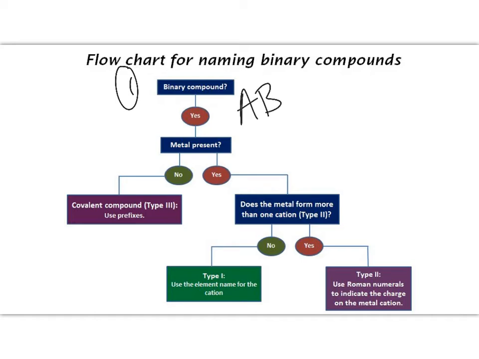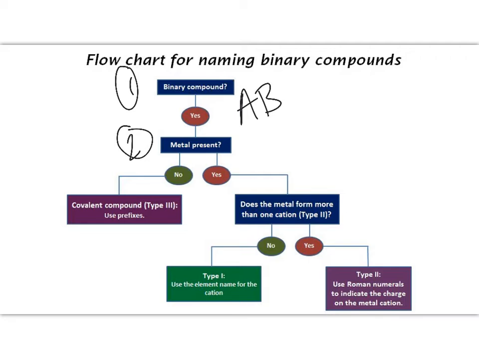For you, the answer is always going to be yes. Binary means we have two pieces, and all of the formulas and compounds that you are going to be looking at for this class are all going to be binary for when you are responsible for writing names and formulas.